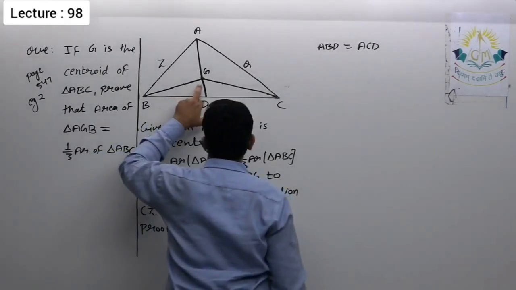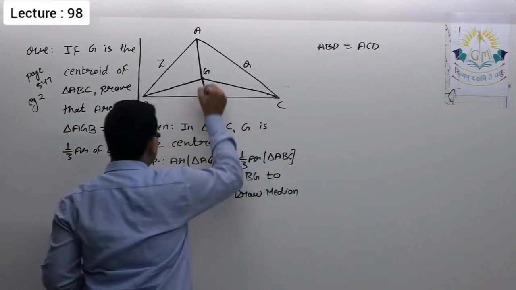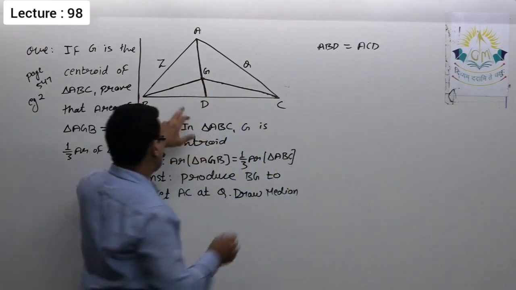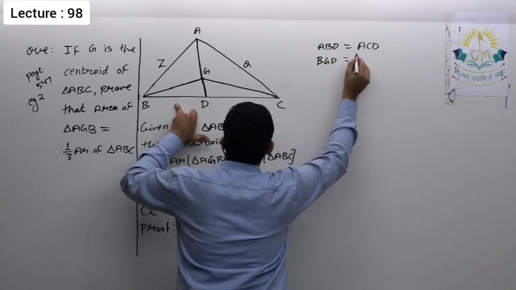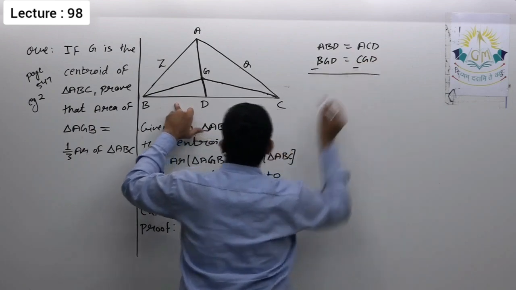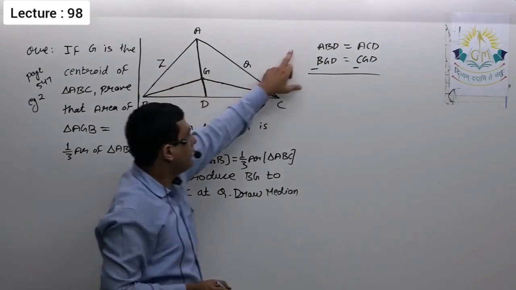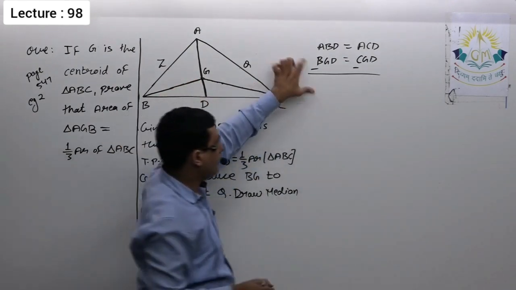Again, I can say GD is a median because D is midpoint of BC. So this GD again divides the triangle BGC into two triangles of equal area. So I can say this BGD is equal to CGD. That means these triangles will be equal in area.